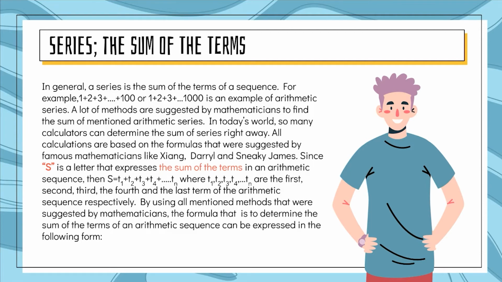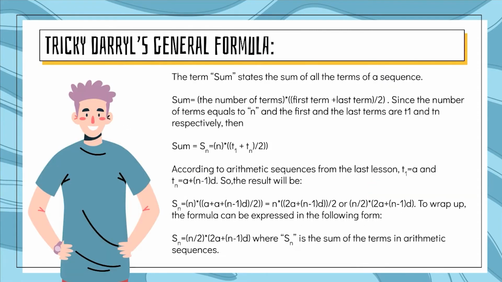This one is for the arithmetic series. Here again, we talk about the sum of the terms and the number of terms. What is the first term and the last term? As I told you in the last video, the first term is a1, and the last term is the end of the numbers.